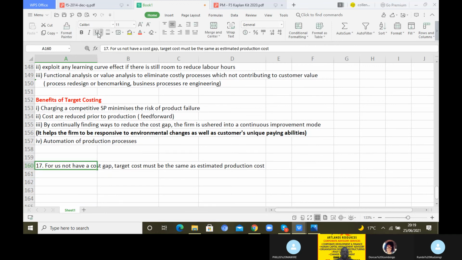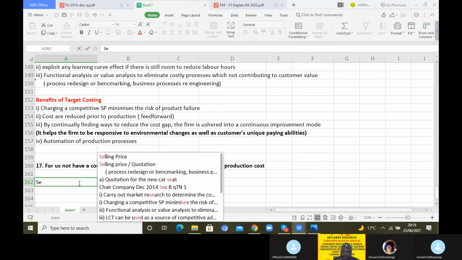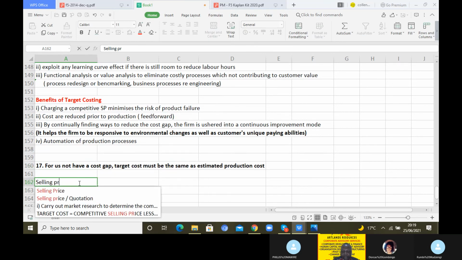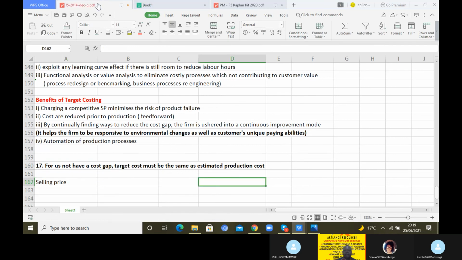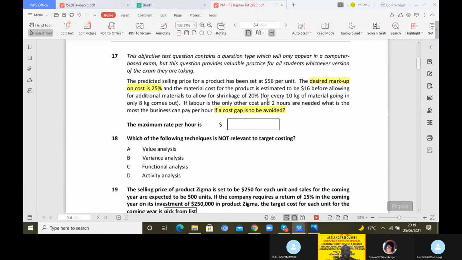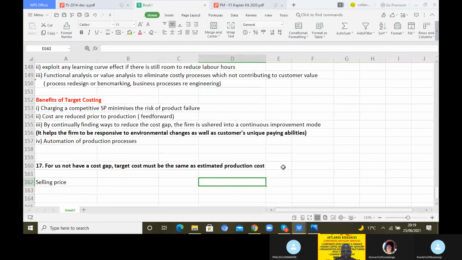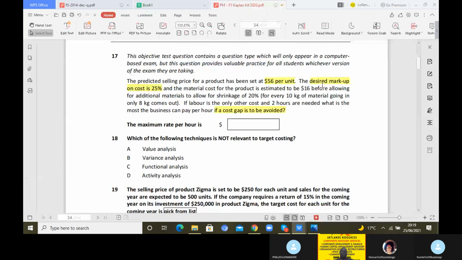So that's it. So we are just saying selling price. What is the selling price that we have set for this particular product? So selling price is 56 per unit. So I come here and I put 56. Now, this is the selling price and I'm given a markup, meaning I have to change a markup into a margin because this is a selling price.